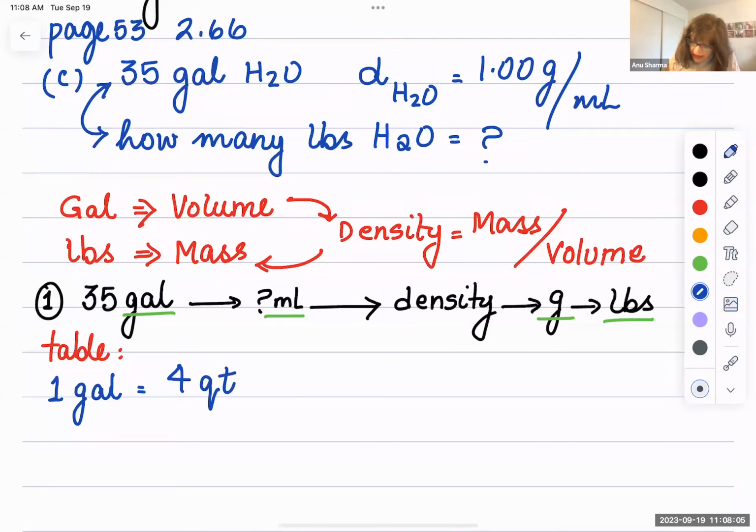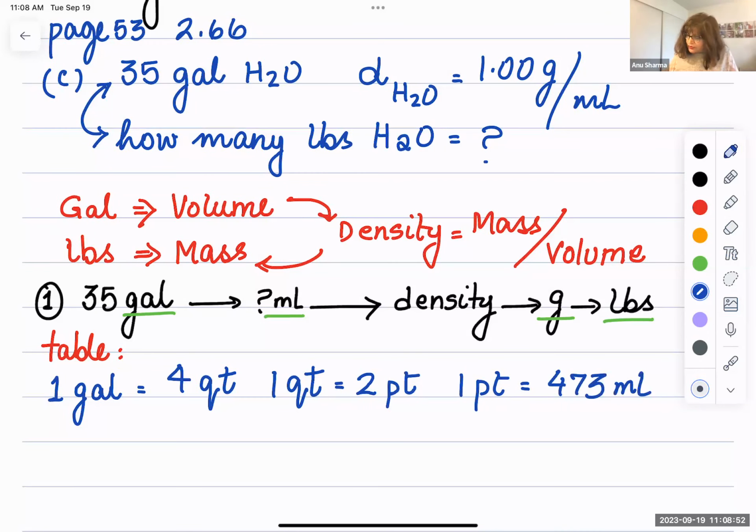This is known. 1 quart is 2 pints. And then 1 pint is equal to 473 milliliters. So let's write down all that.